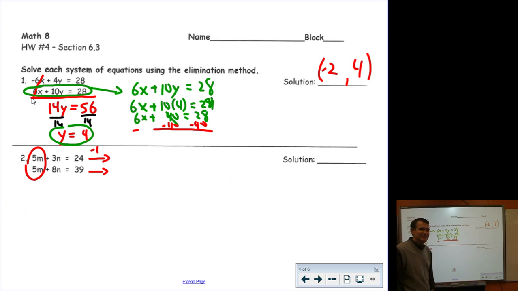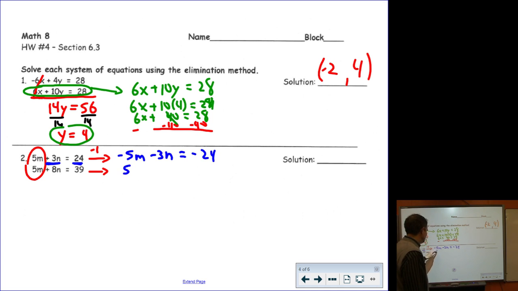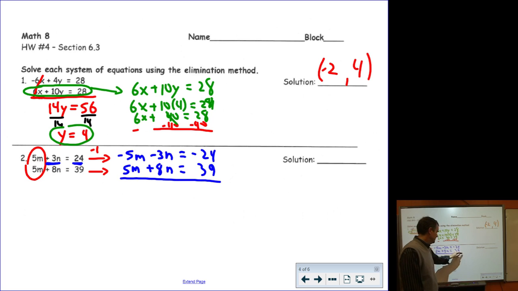equation as is. So when I multiply the first equation by negative 1, it becomes negative 5m, and the positive 3 would become negative 3n, and the positive 24 would become negative 24. The second equation stays the same, and now I have my new system, and now I'm ready to add the equations together.